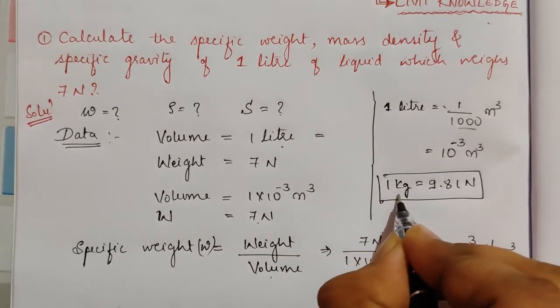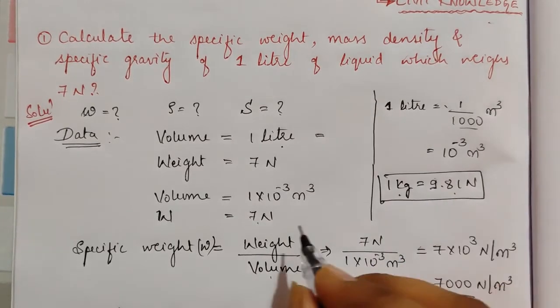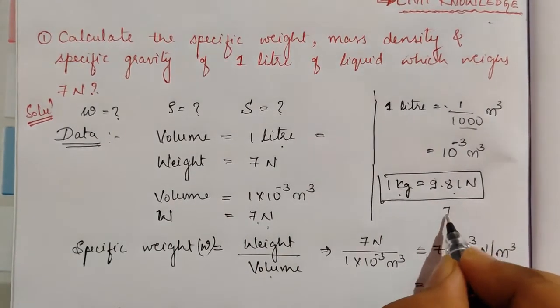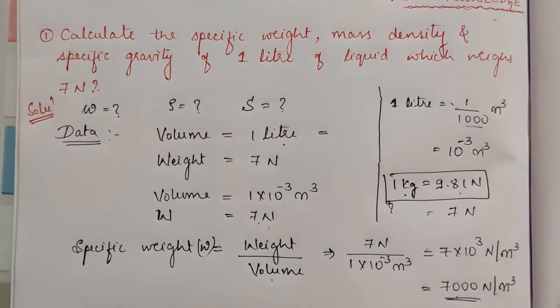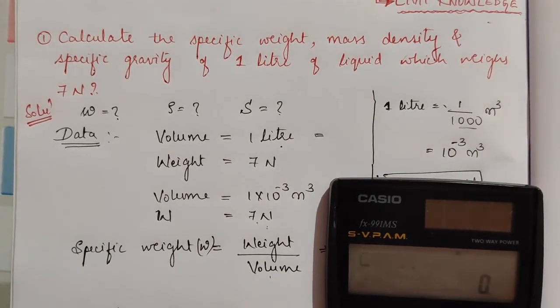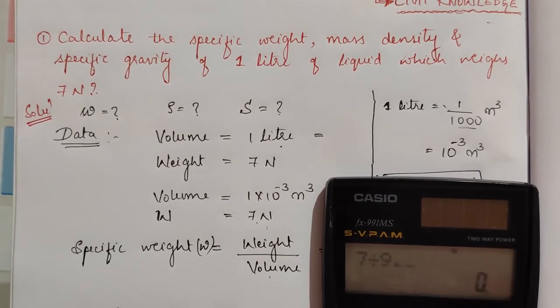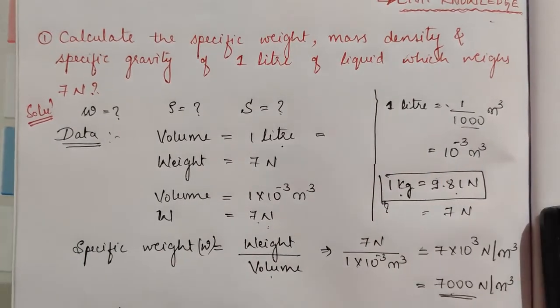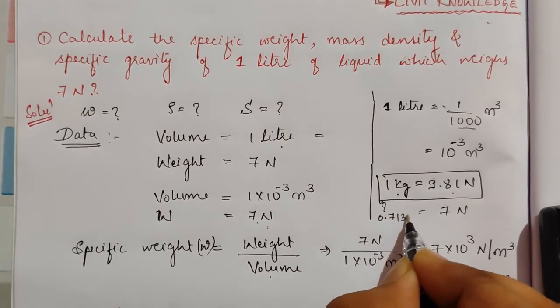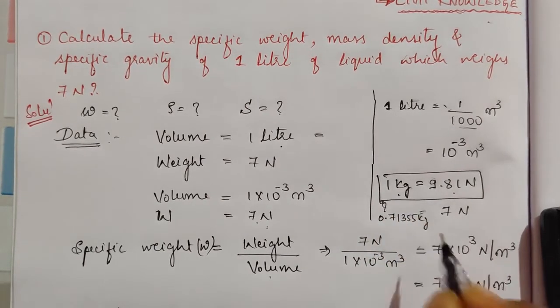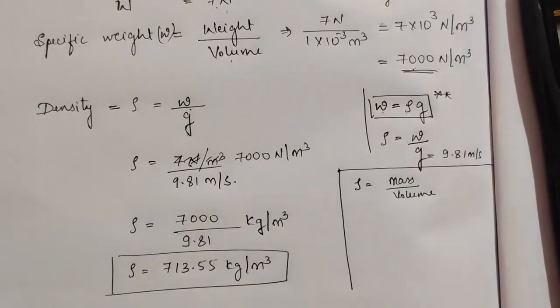We have 7 Newton, so how many kg? It is nothing but 7 divided by 9.81, so we will get around 0.71355 kg, right?